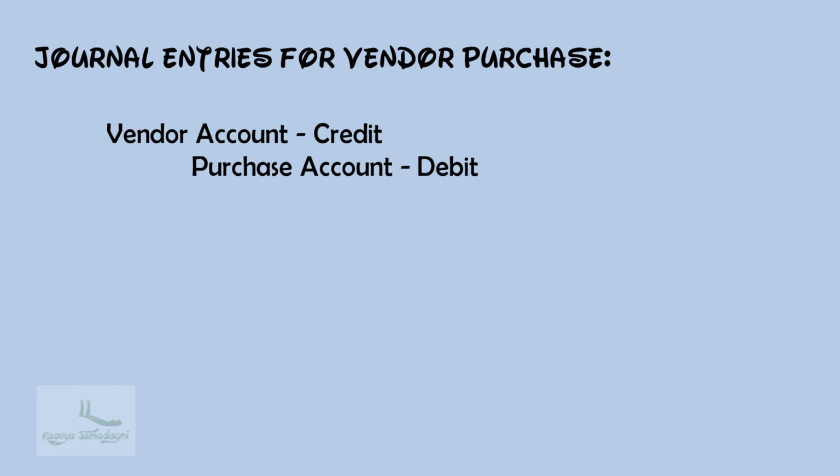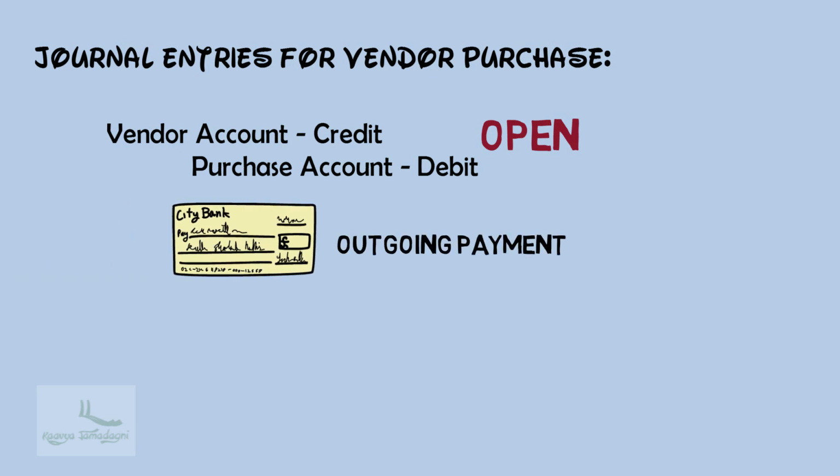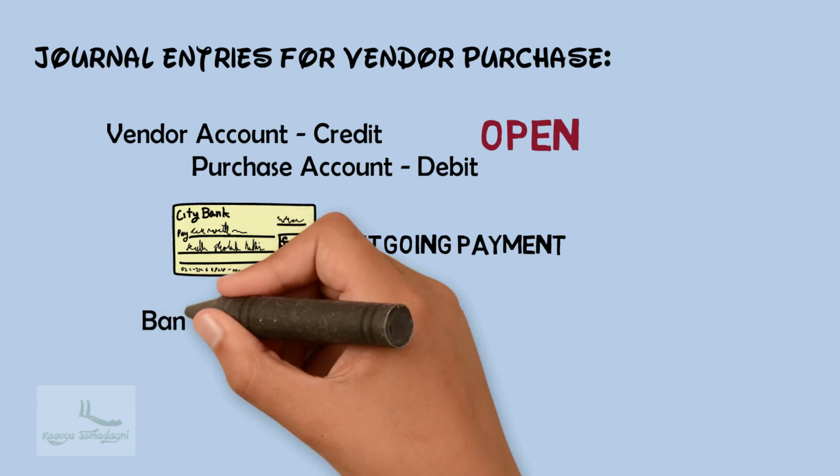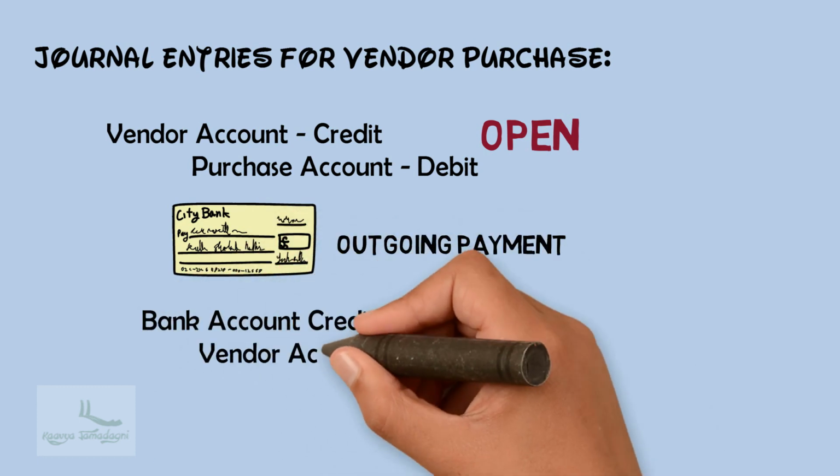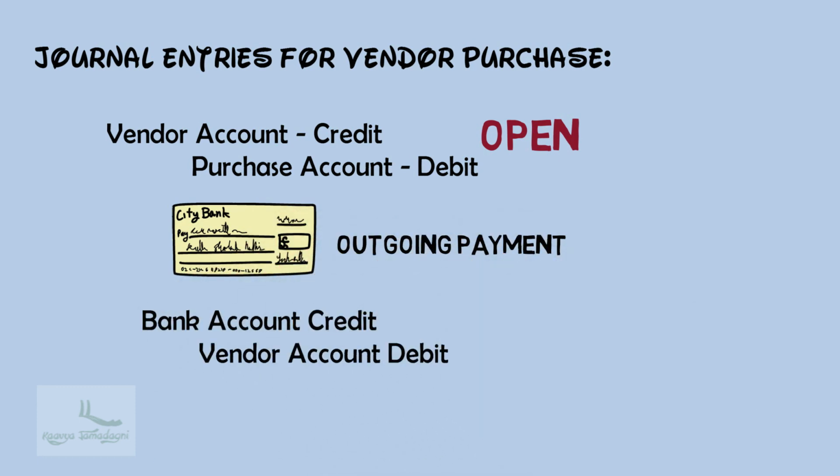After posting this journal entry, an open item is created for the vendor account. That means payment is due from the company to the vendor. Now, when we make the payment to the vendor, we post the outgoing payment document. The journal entry in the payment document will be vendor account debit and bank account credit.